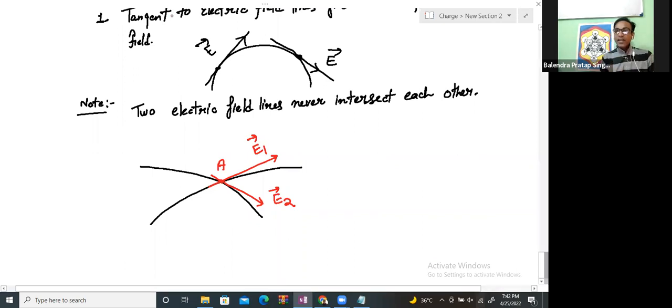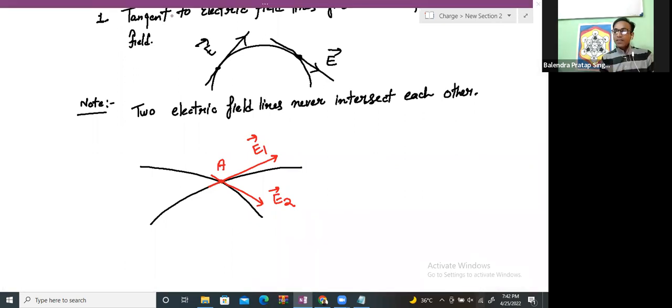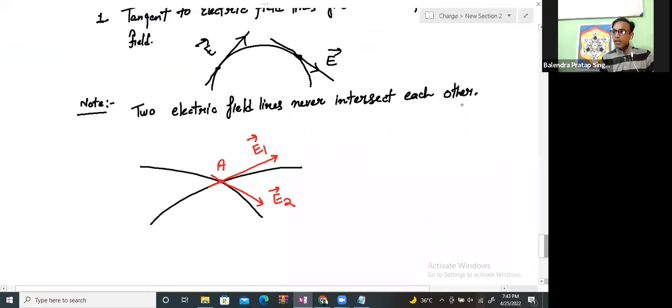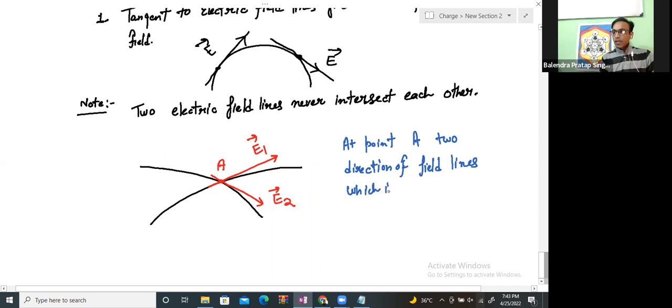So after this diagram you can write that at point A there are two directions of field lines, which is not possible.